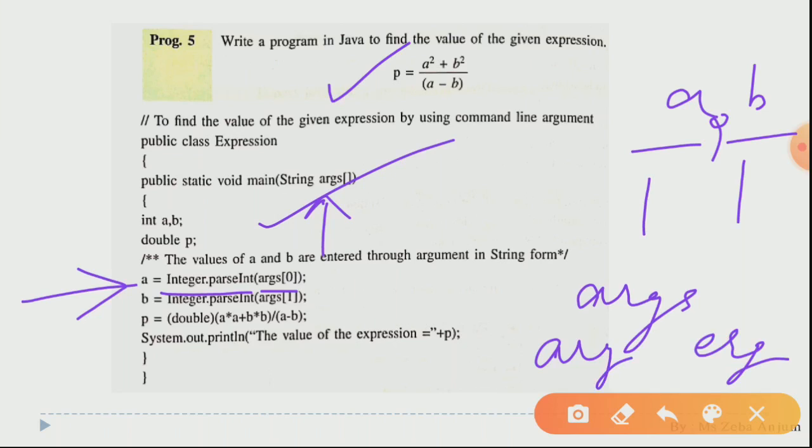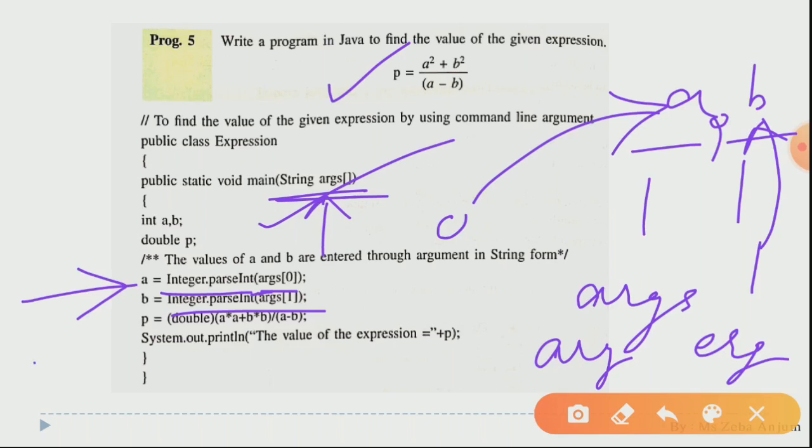Okay, so जो भी आप यहाँ पर use करते हैं the same thing you have to use over here also. ओके, तो 0 and 1, 0th पर आपका a present होगा, 1 पर आपका b present होगा. So that is how we are going to take an input, the values of your a and b. Okay, now just simply applying the formula you can print out the result over there also.